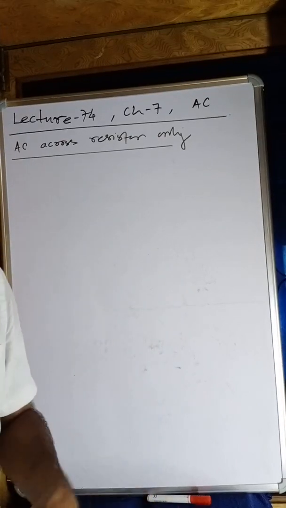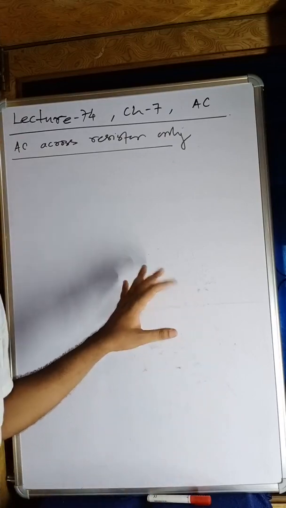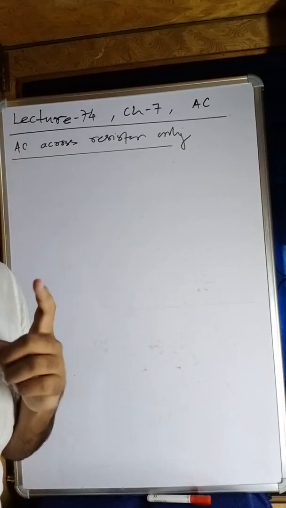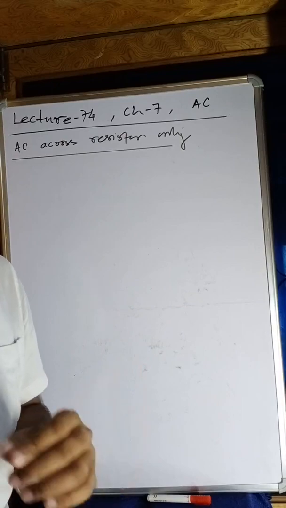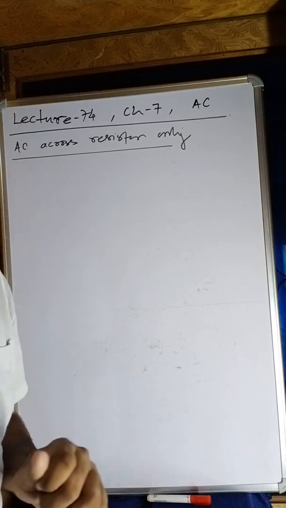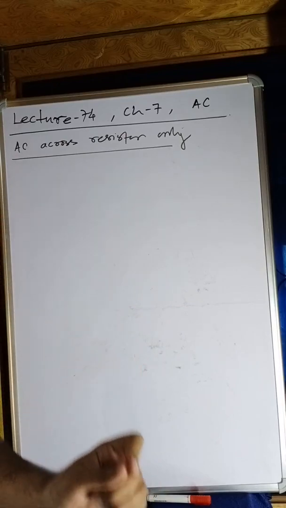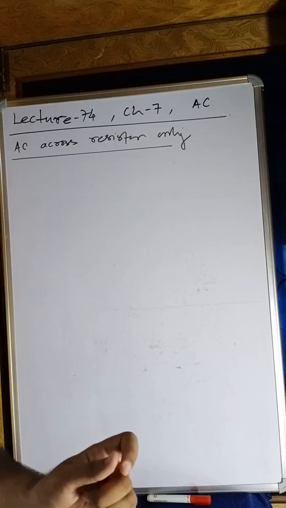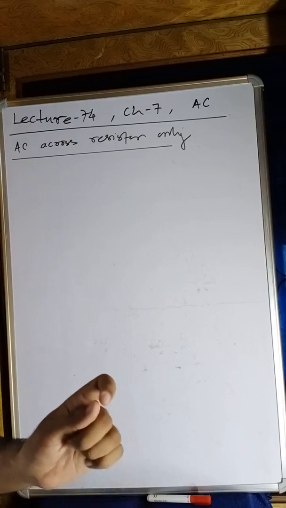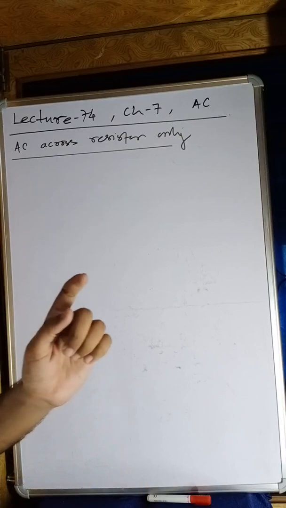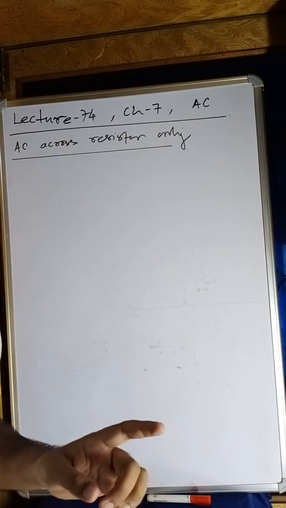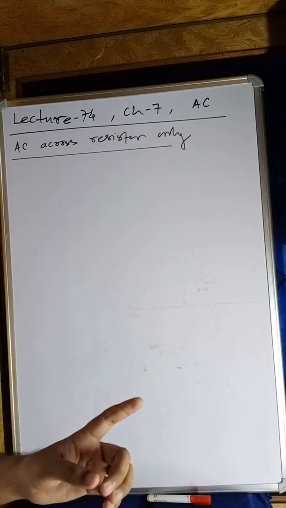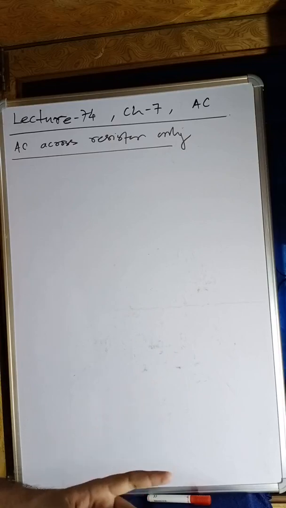Okay, resistor circuit. Remember, my dear students, this is a very important topic for your examination as well. You will be asked one very important question. It is: represent the output AC current through a resistor if AC voltage is supplied.